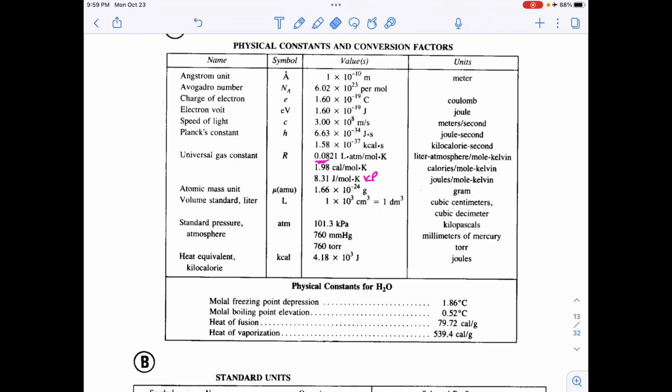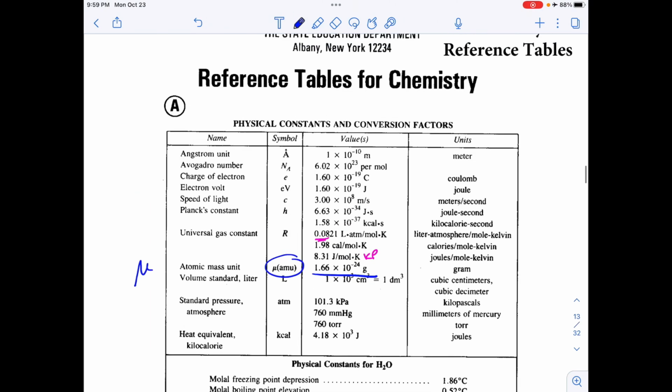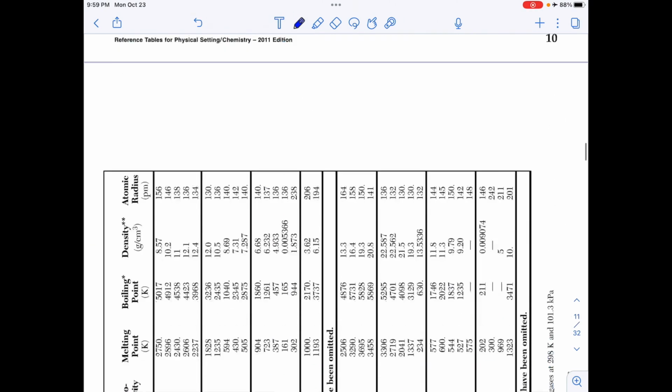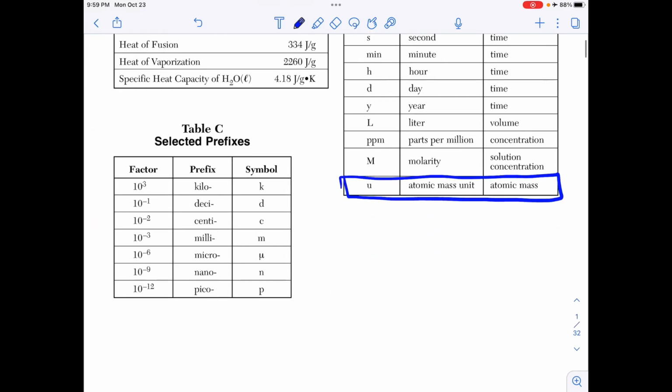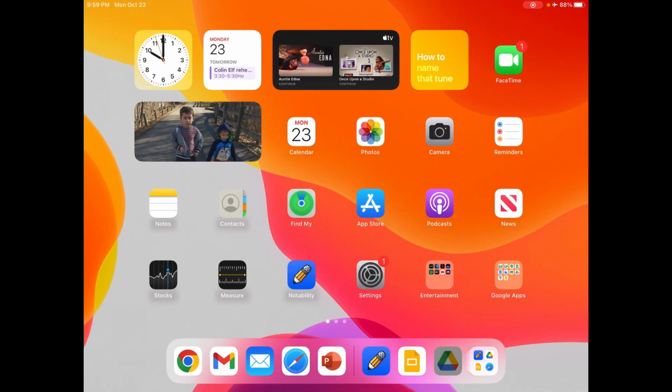Let me just erase this right here. 1 AMU, it's right here. 1.66 times 10 to the negative 24 gram. Mu, the Greek letter mu. If you do not have the honors reference tables, that's no problem. You will not be asked the mass of anything in grams. It will be in AMUs. AMU would be accepted on the Regents, or u.